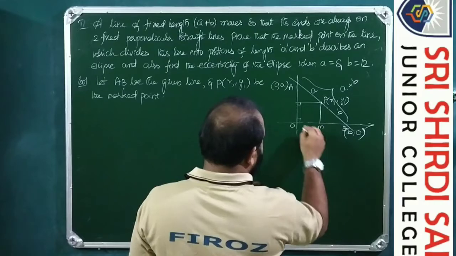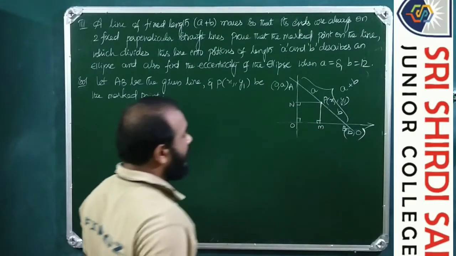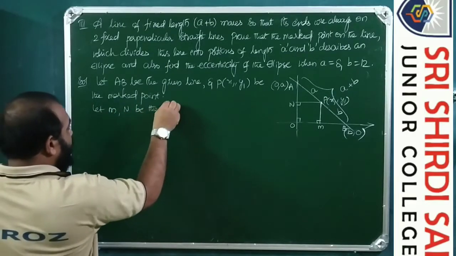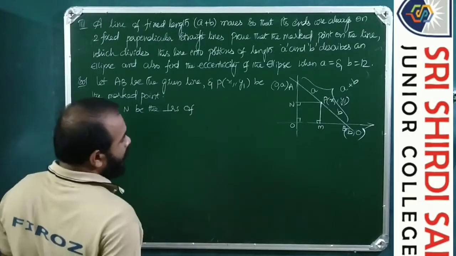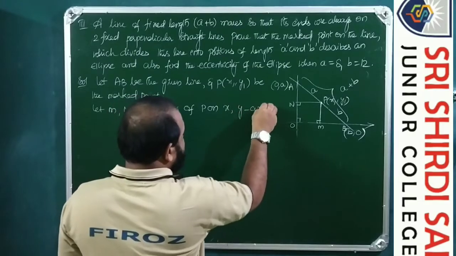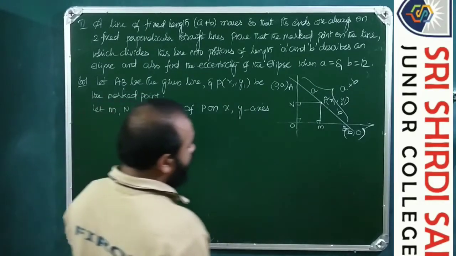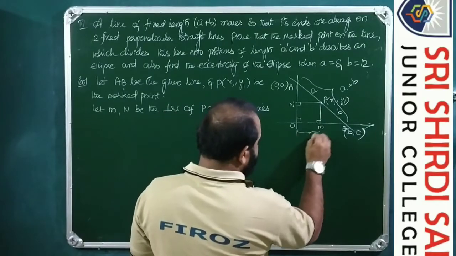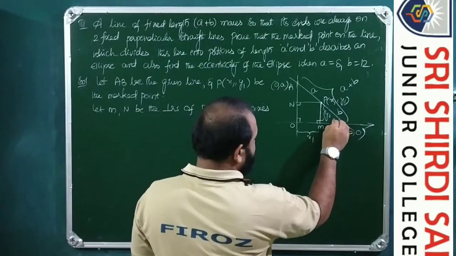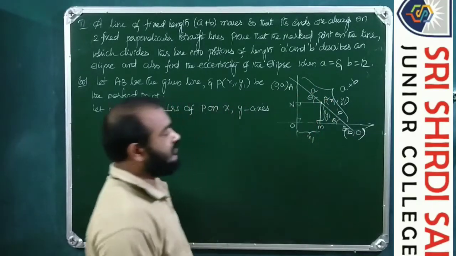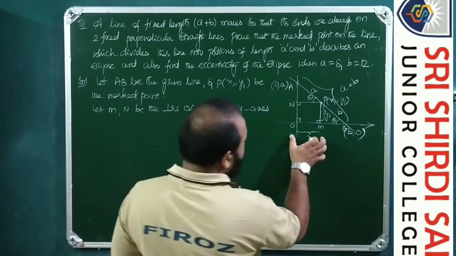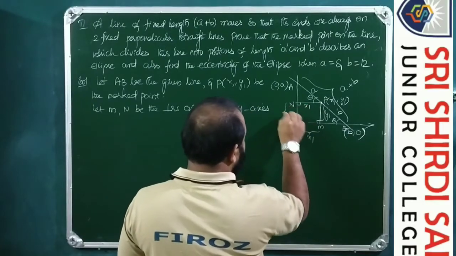So, M and N. Let M comma N be the perpendiculars of P on x comma y axis. So that means this is x1 and this is y1. So then this and this are equal angles. Both are equal angles. Now this is x1, this is also x1 and this is y1.